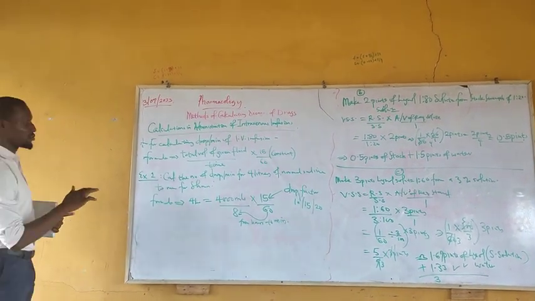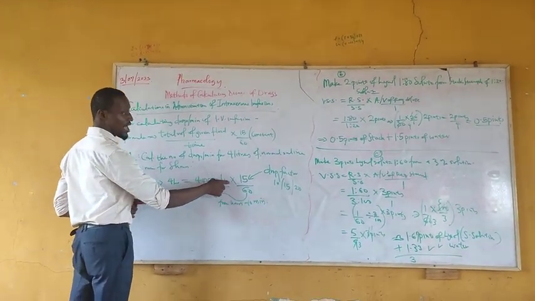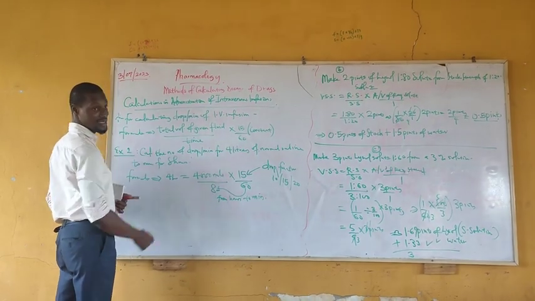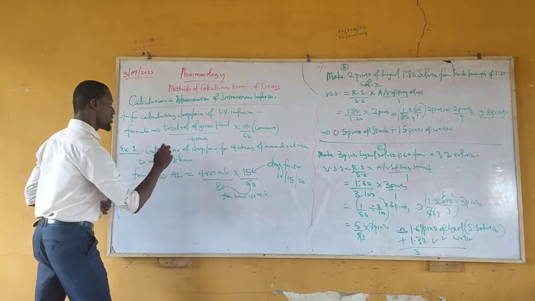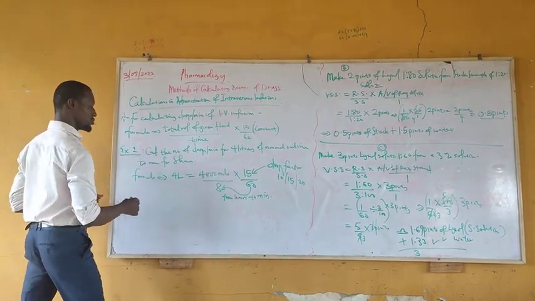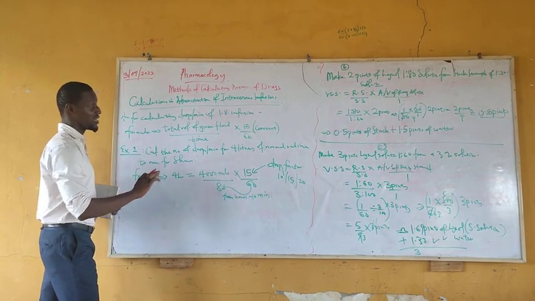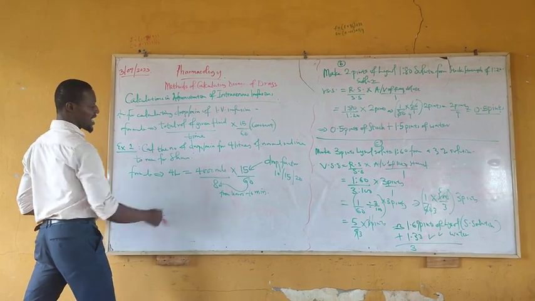So ideally, the formula should be total volume in mils times drop factor over time in minutes. I hope you got that. When you want to use total volume, mils or liter, times the drop factor over your time in minutes.